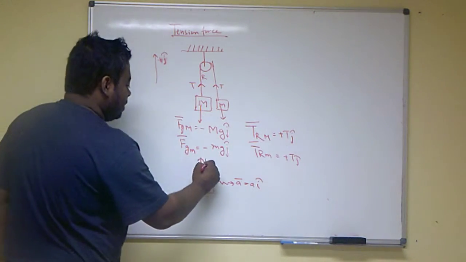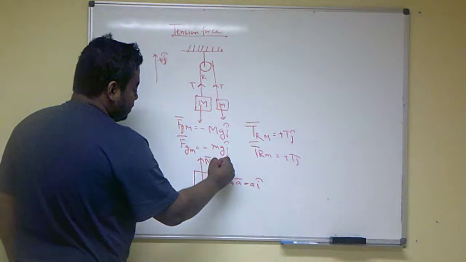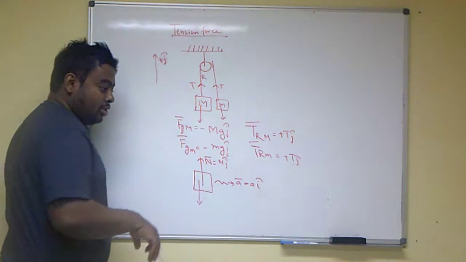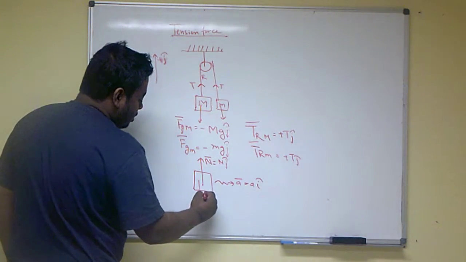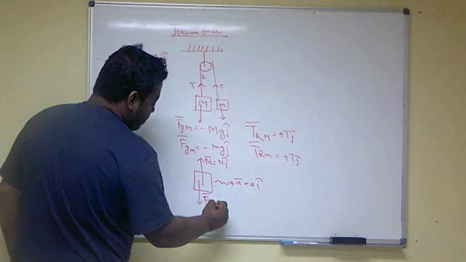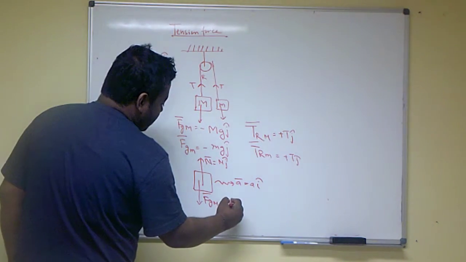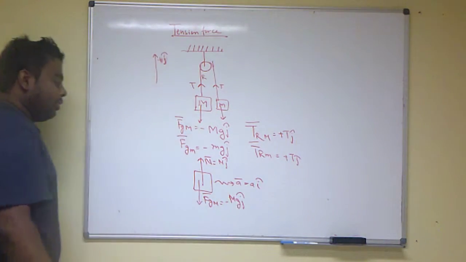You are exerting a normal force N in the upward direction, which is N j cap. You have a mass on the body, so you have the force of acceleration due to gravity on this mass m, which is going to be minus m g j cap.